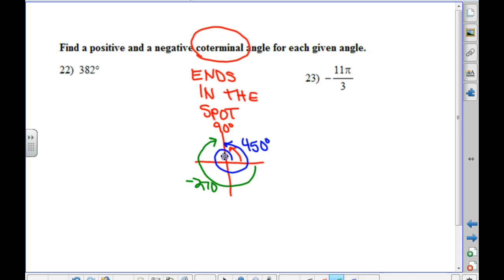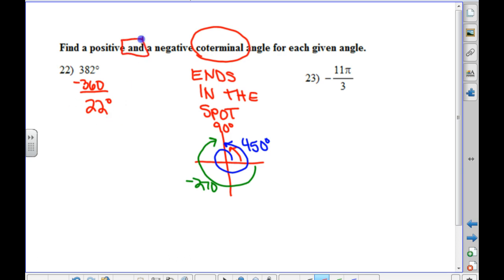So what do we need to do to find another name that's coterminal? Add and subtract 360. For this one, if we subtract 360, we get 22, so there's already one positive answer. You could have added 360 and gotten 742. That's fine, but this is also a positive answer.